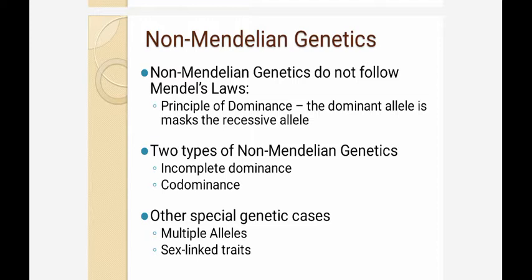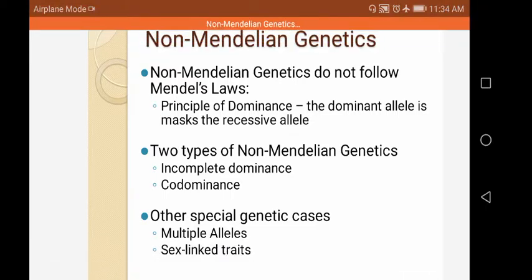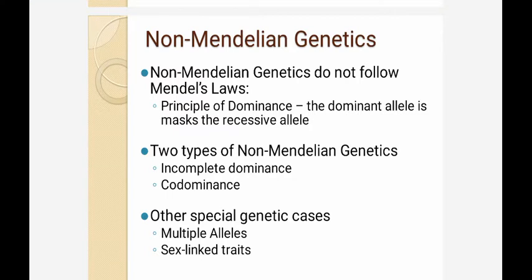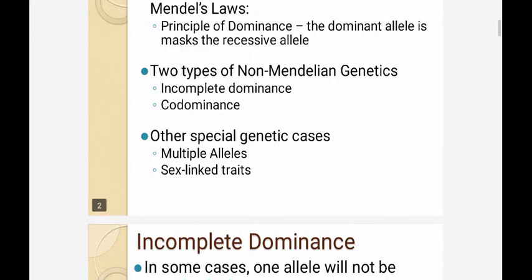Some of them do not show complete dominance, and some alleles show codominance. He also said that for a gene there should be only two alleles, but now, other than Mendelian laws, we can see multiple alleles and sex-linked traits also.